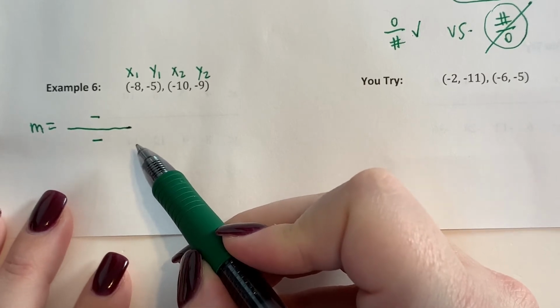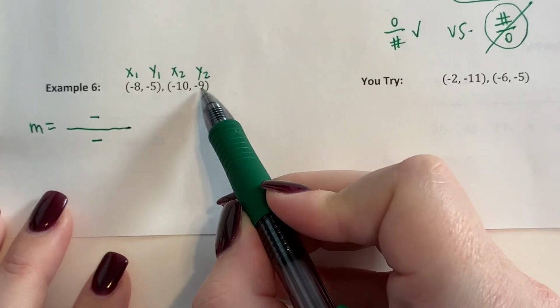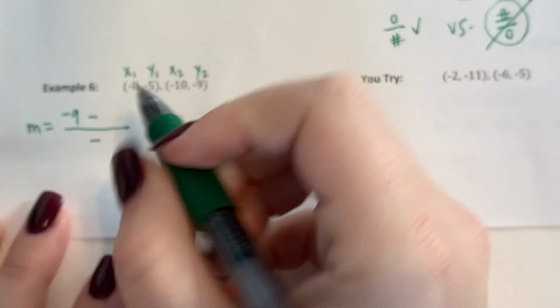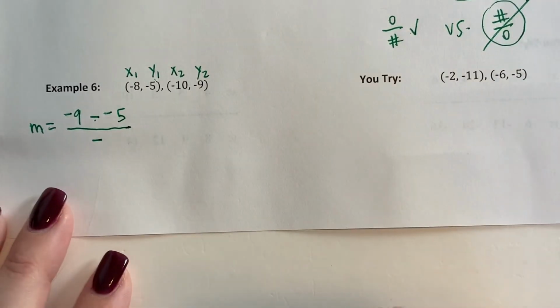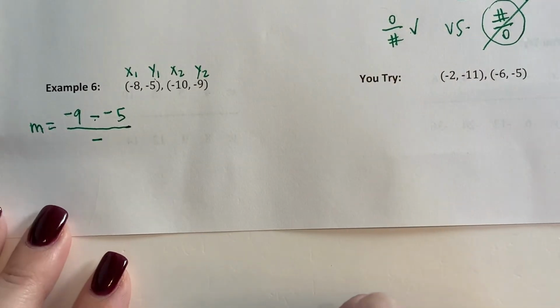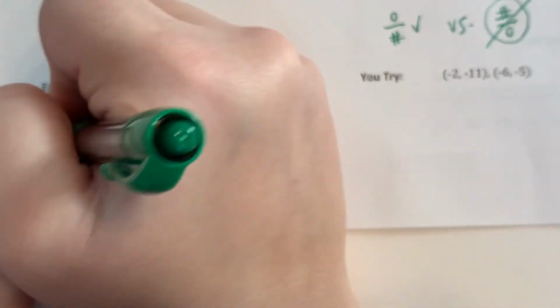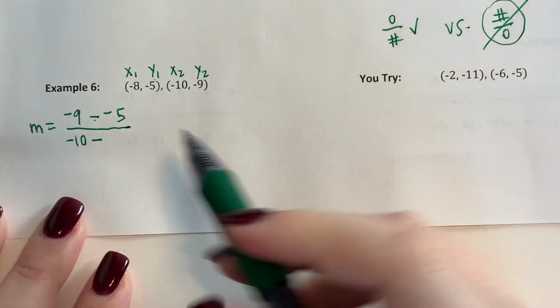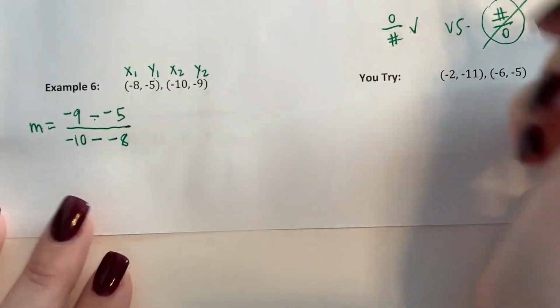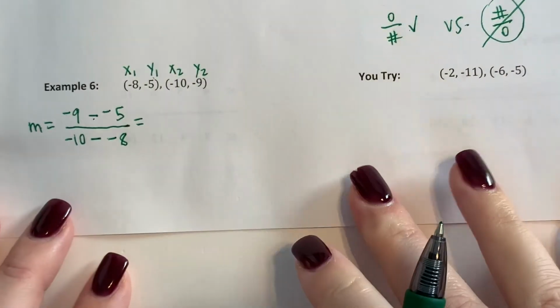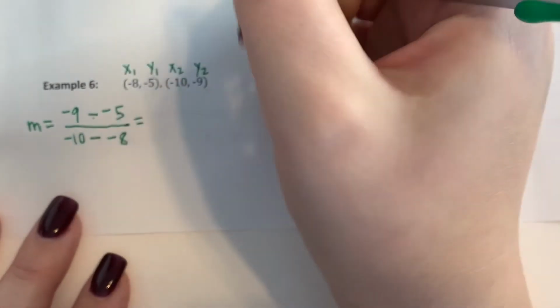That's an option too. So in the top, I need to do Y2, which is -9, minus my Y1, which is -5. In the bottom, I'm doing X2, which is -10, minus X1, which is -8. I see that I get double negatives in top and bottom.